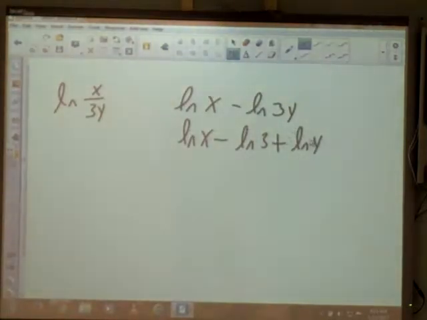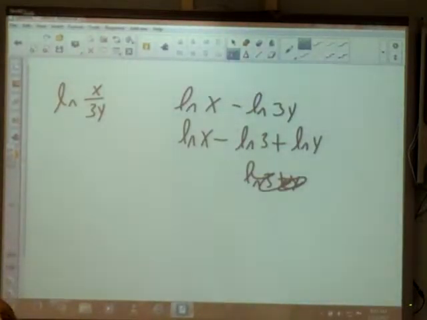Every time you do a property, if it's a natural log or a log, you've got to put that in there. Remember, we're going from small to big, so we want to put the natural log or the log. So don't write ln of 3 plus y. That's not the same. You have to put the natural log in there. Okay?